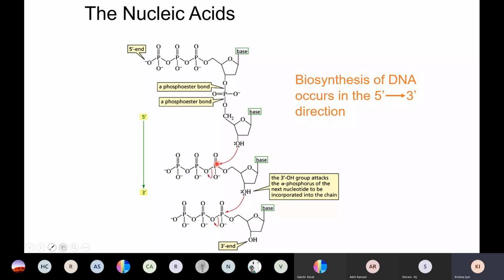It attacks the alpha phosphate, releases the beta and gamma as pyrophosphate, and this base will then join to this. And growth will occur in the 5' to 3' direction. Once this is added, this OH will attack the next nucleotide again at the 5' position on the alpha phosphate, releasing pyrophosphate. Okay, and that is how the DNA strand grows.